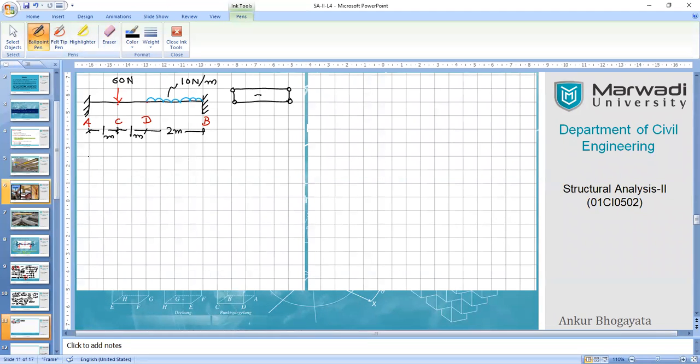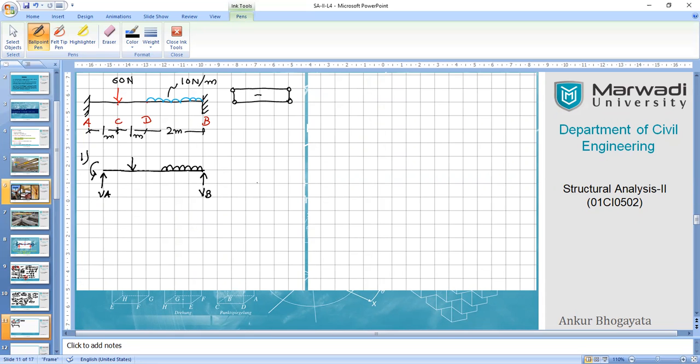Let's start. The first step is to draw the free body diagram, so that it gives you clarity on what forces are required to be considered, along with the nomenclature VA, VB. Then we have point loads and a UDL.